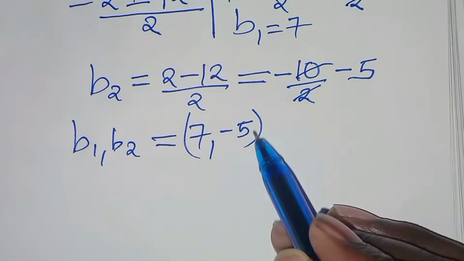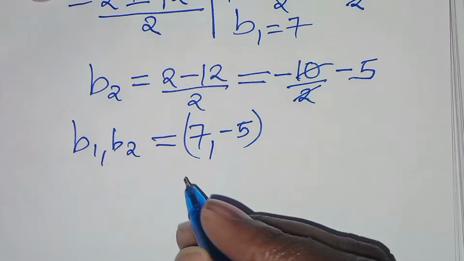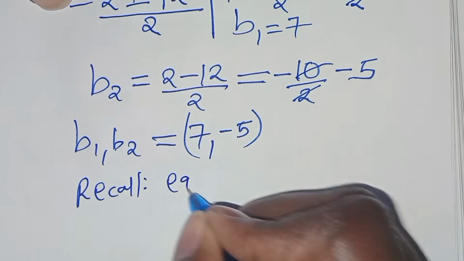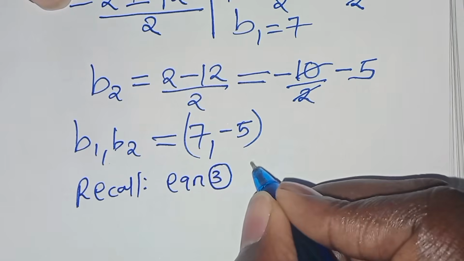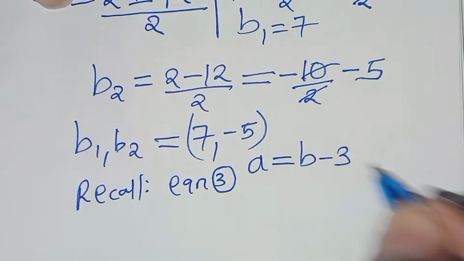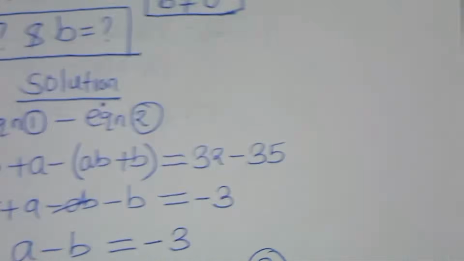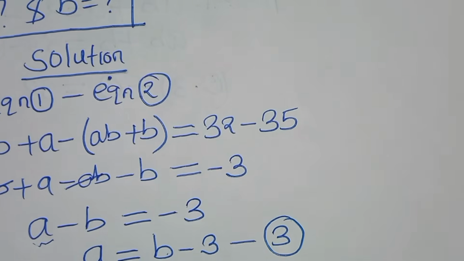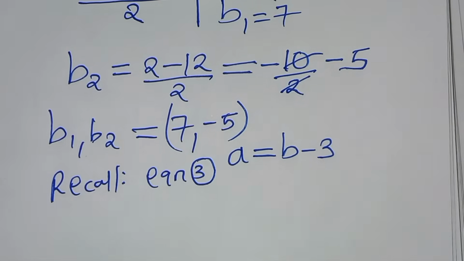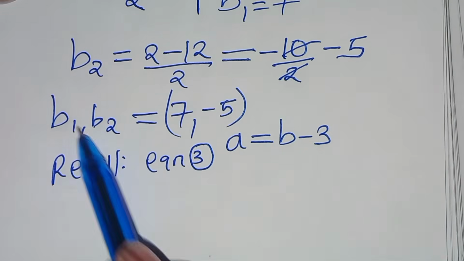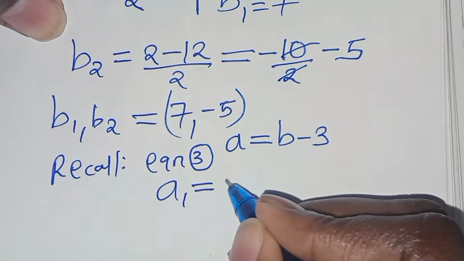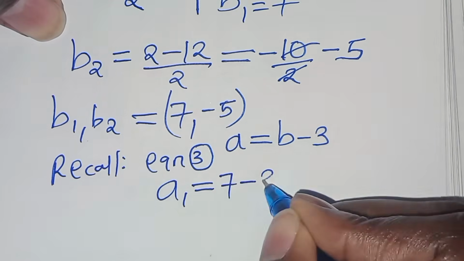Now let's solve for the corresponding values of A1 and A2. If you recall, from equation 3, we have that A is equal to B minus 3. So substituting B1 here, we have that A1 is equal to B1 minus 3, which is equal to 7 minus 3.